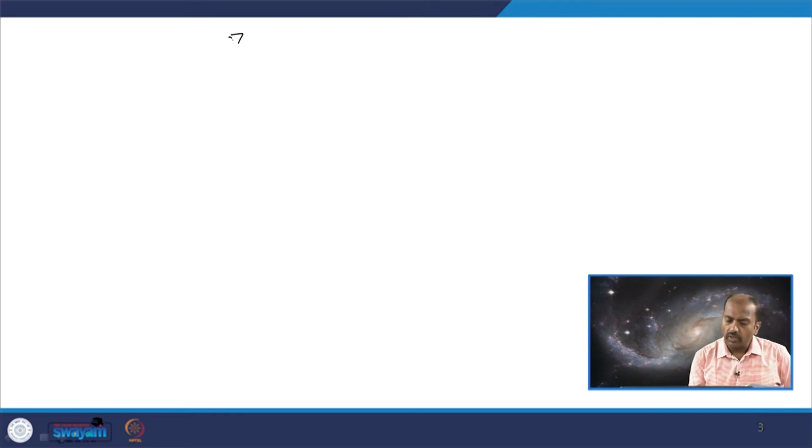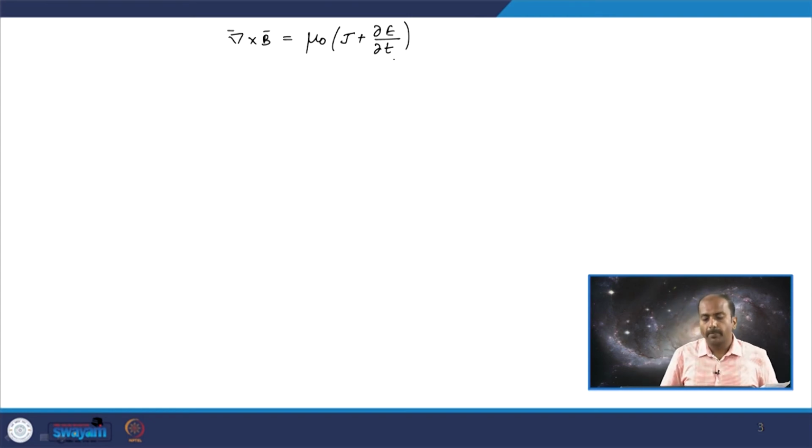From the Maxwell equations, we know that del cross B is equal to mu naught times J plus dou D by dou t. So, in vacuum, we say that del cross B is equal to 0.